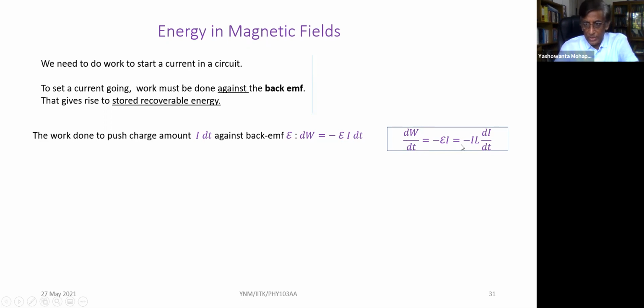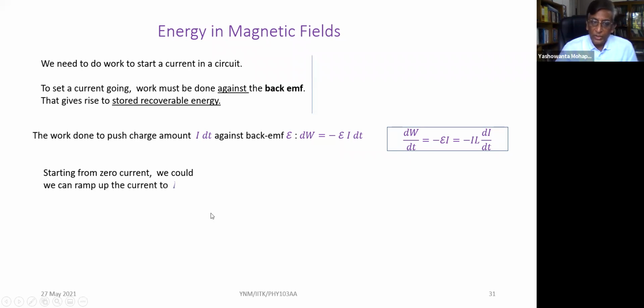So dW by dt is minus I L dI by dt, and hence I can calculate W by integrating, starting from zero current to set up the total current I.